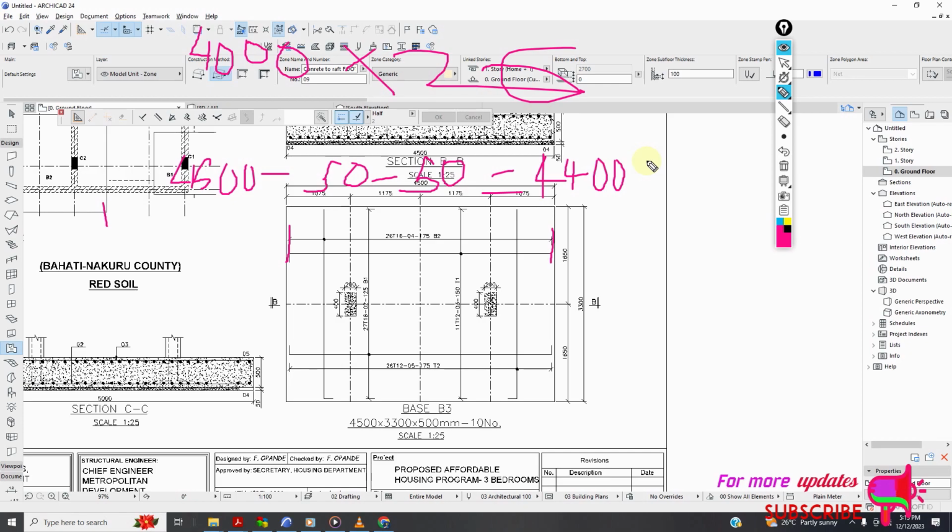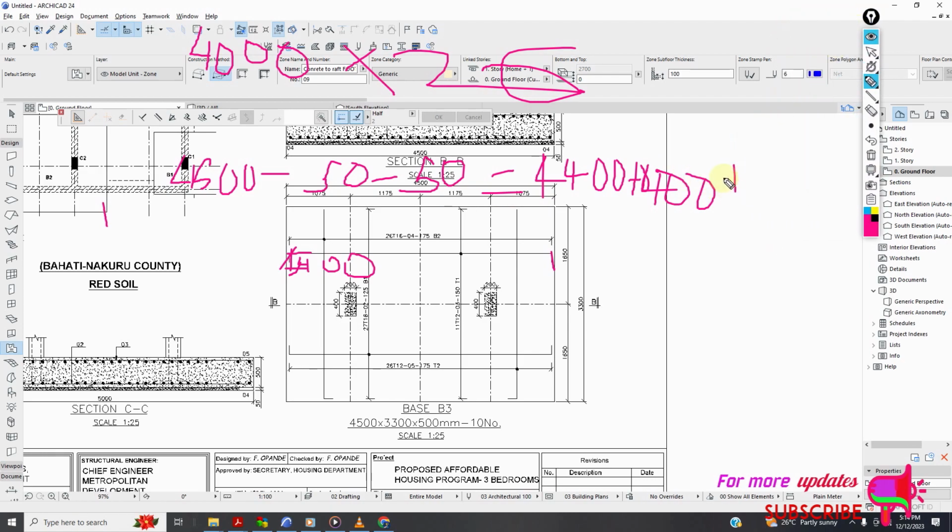So plus 400 plus 400, because we found that this length here will still be 400. This one will be 400. So plus 400 plus 400.